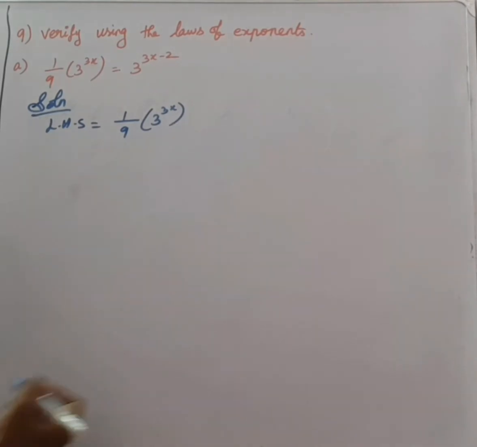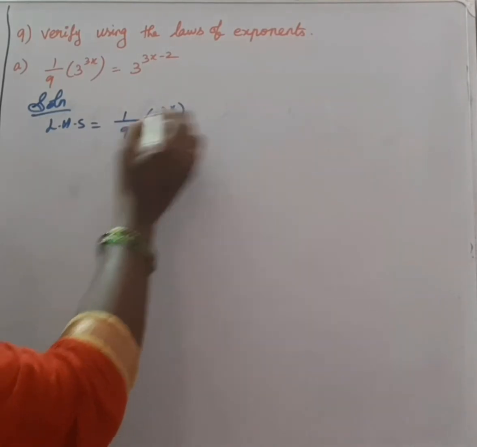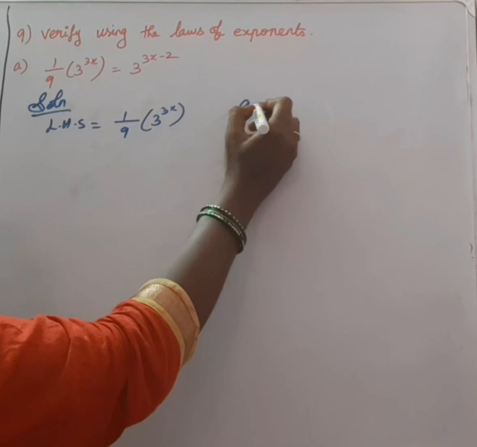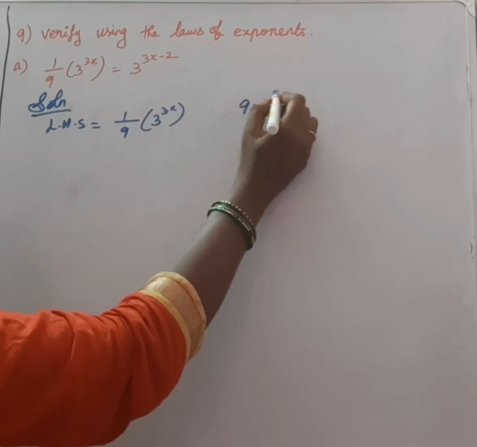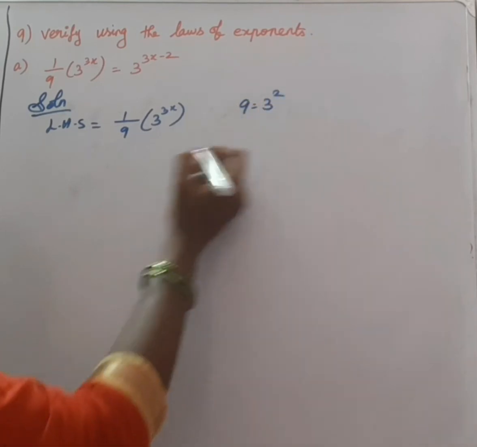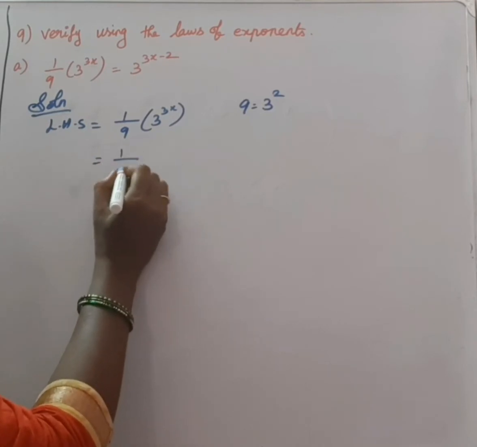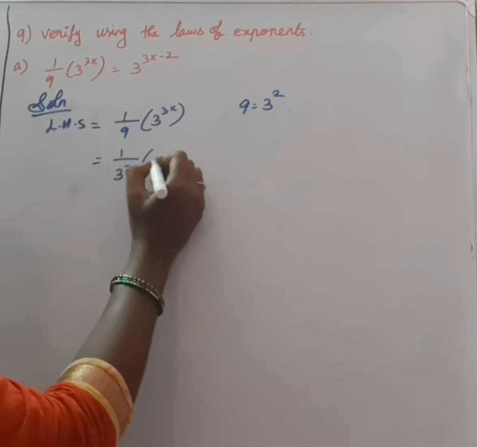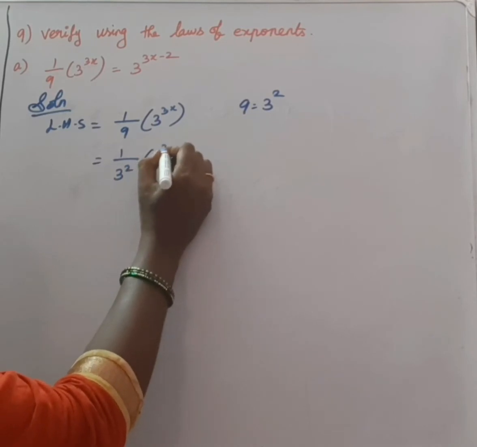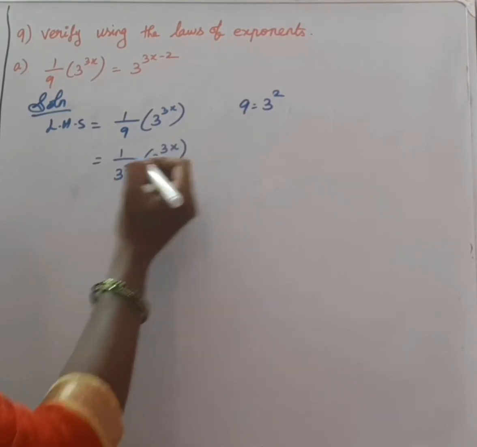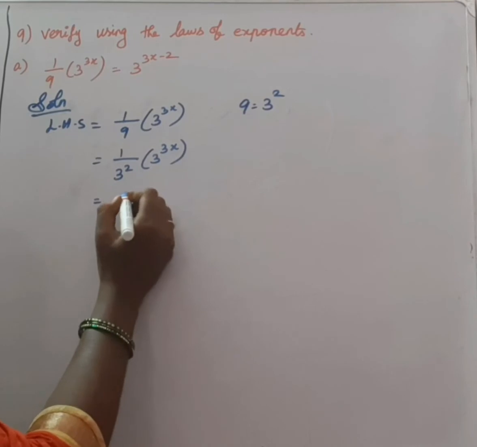Now, what is the value of 9? 9 equals 3 power 2. So 1 by 3 power 2 into 3 power 3x.